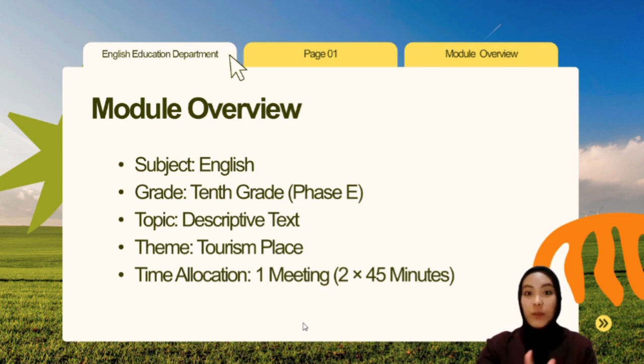I selected this topic because descriptive text is one of the most important text types taught in senior high school. Through this lesson, students learn how to describe places using appropriate vocabulary, grammar, and text organization.